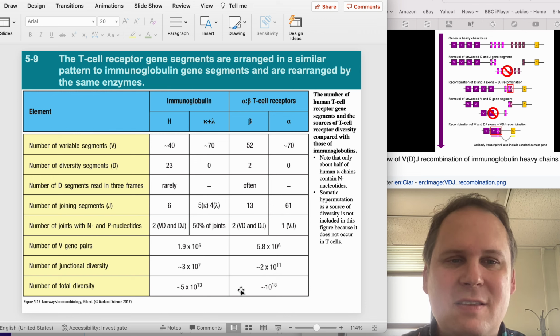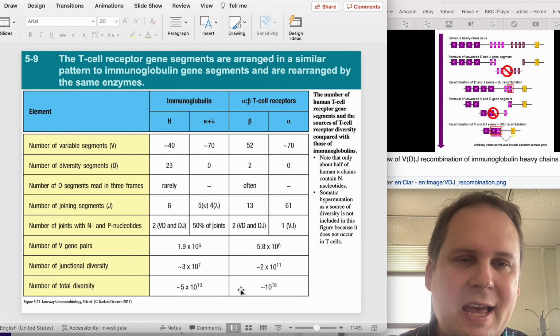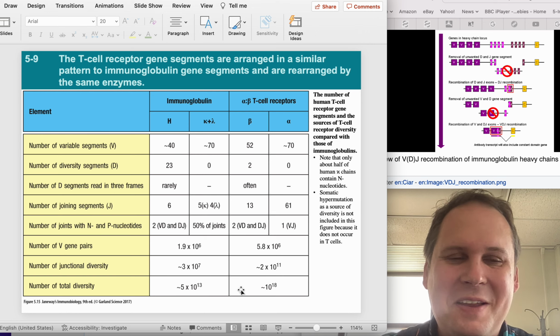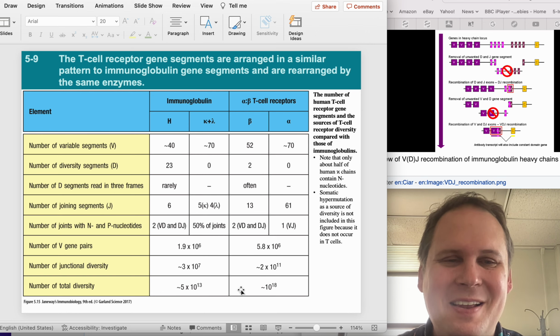Can you sort through this box of tools and come up with the thing or things that work in time before the body dies from whatever is beating it up at the moment? That's the race. That's the uncertainty of immunology.